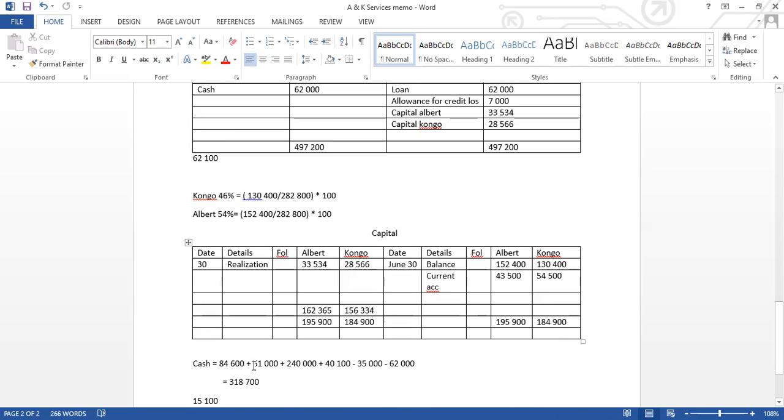And then we add all the amounts that we received when we sold off our assets, and then we subtract all the payments that we made. So 84,600 plus 51,000 that we received, which is 39,000 plus 12,000.